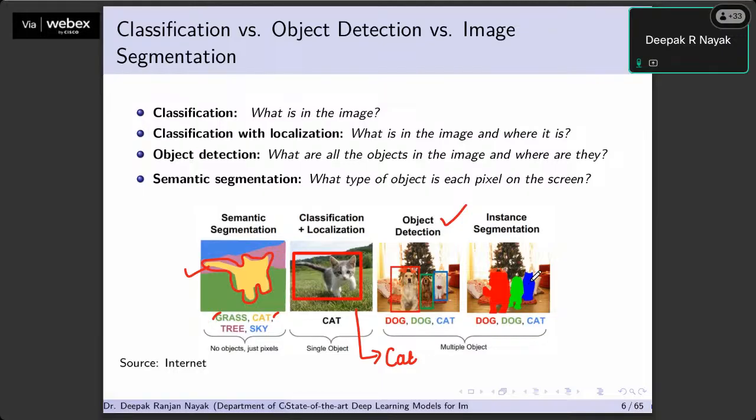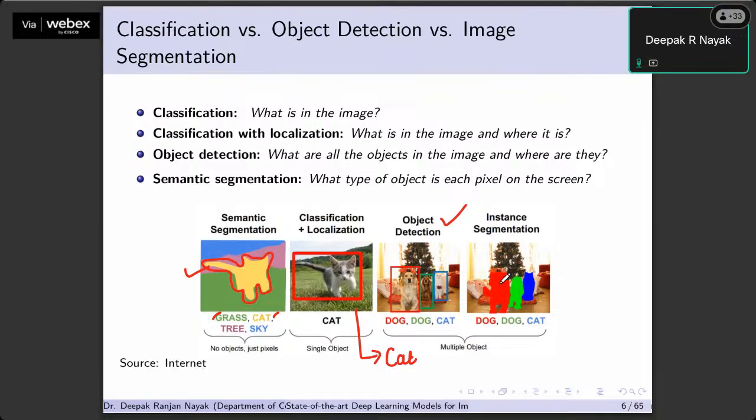Instance-based segmentation also differentiates among the objects of the same class. Let's say this is one particular type of image given to us, right? Semantic segmentation doesn't care about the instance of the object. It will not create any difference among the dogs.